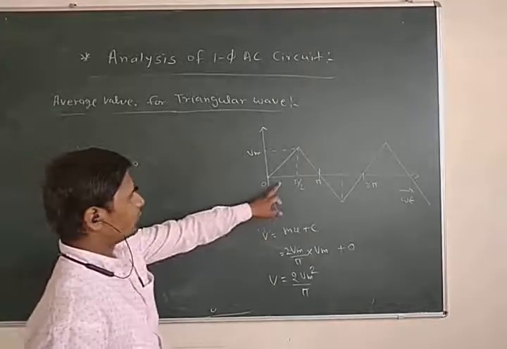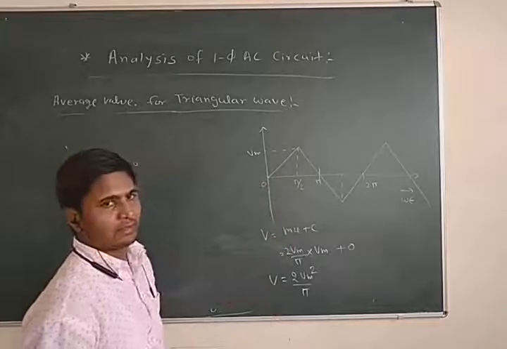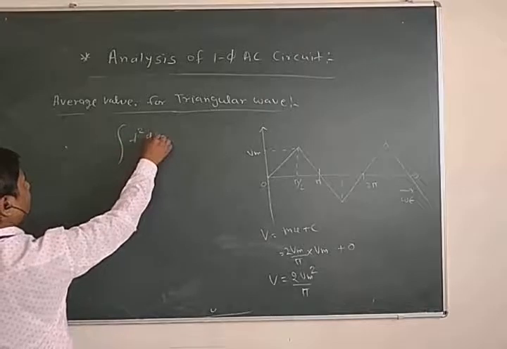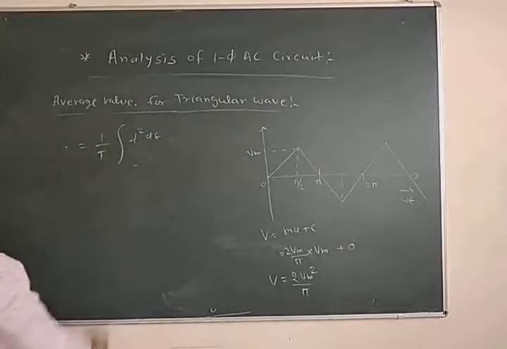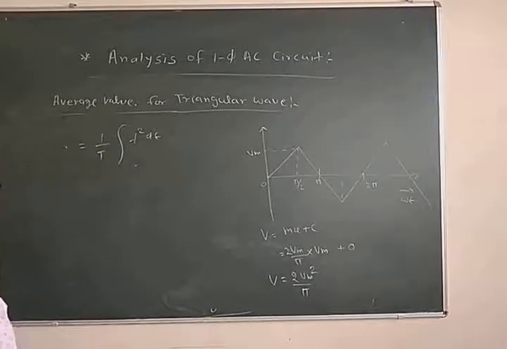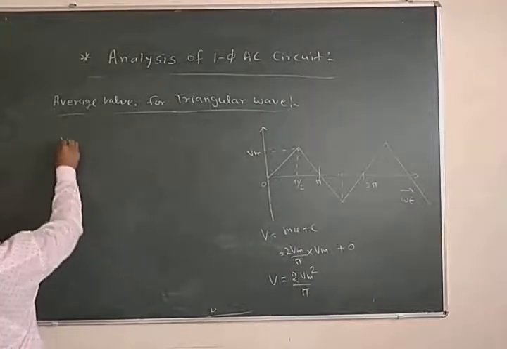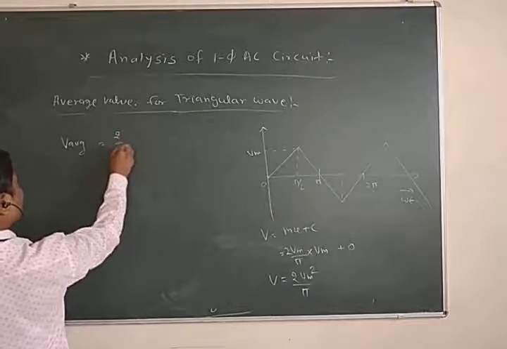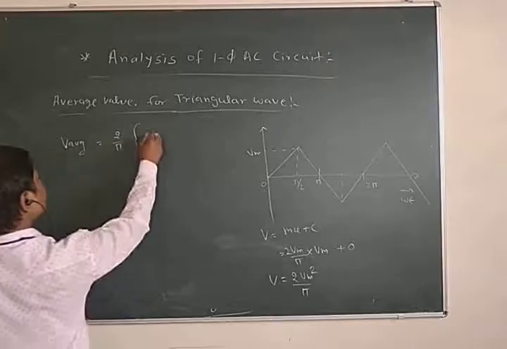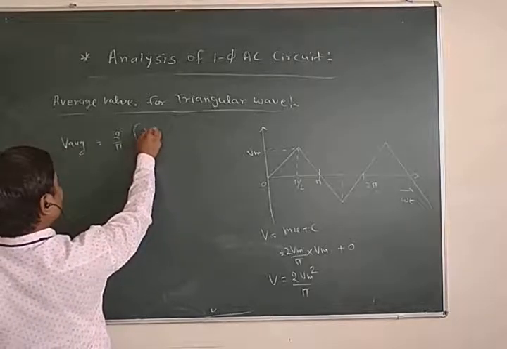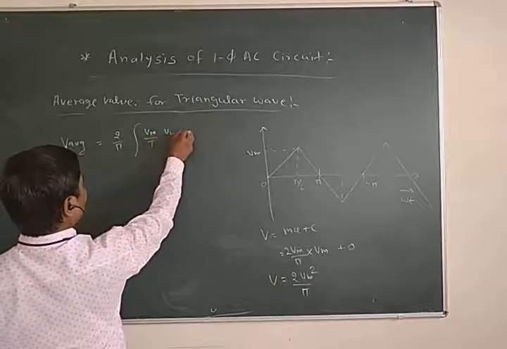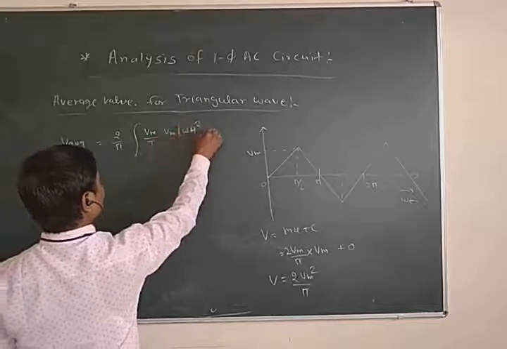If this function is a function of time, we can represent it in t format, so in the form of t we can write it as t dot dt, 1 upon t.